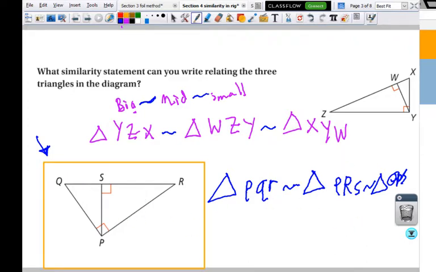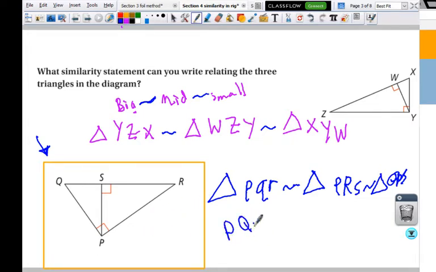If you went P to Q to R, you'd have to go P to S. Okay, P to Q to R. So the corner would have to be S to P to R, and then it would have to be S to Q to P. Wait, so P, Q, then R, then S, P, then R, and then S, Q, then P?